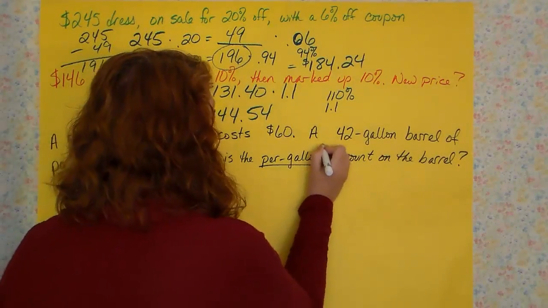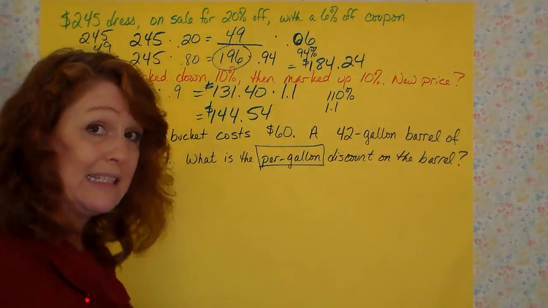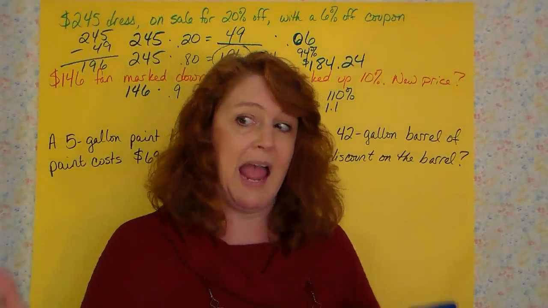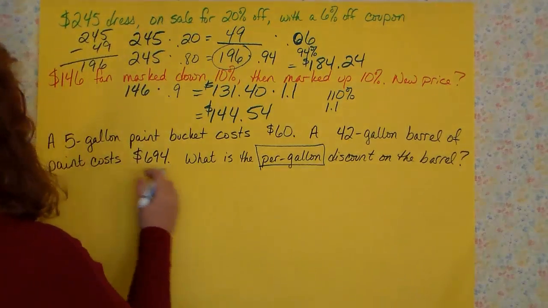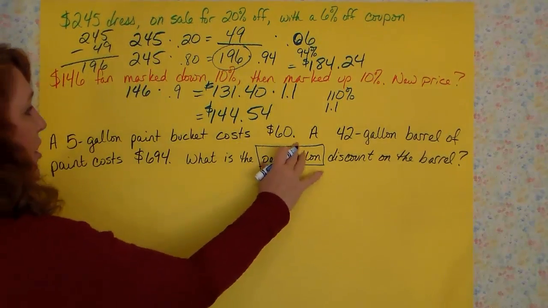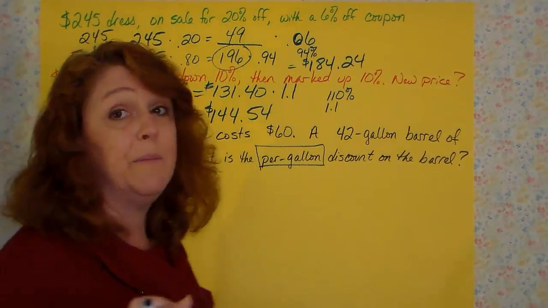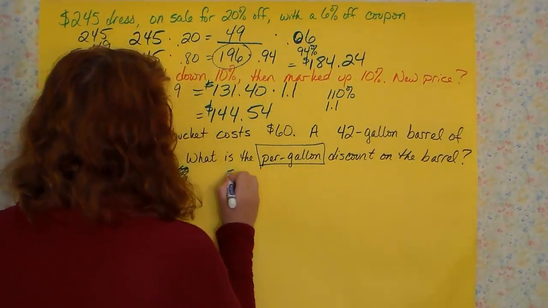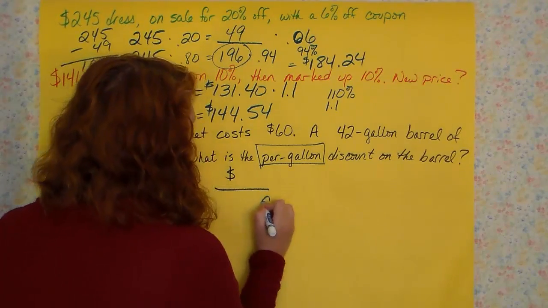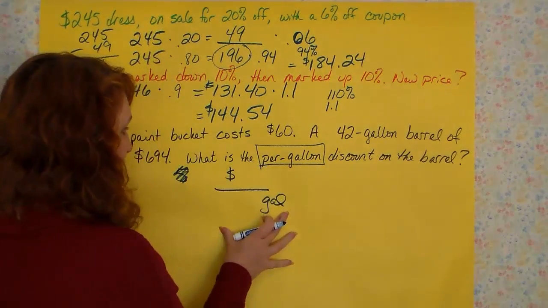Well, you have to figure out the per gallon price for both of them and then subtract to compare the two. So what's the per gallon price on a 5-gallon paint bucket that costs $60? So I'm going to remember that it's price per gallon. And I'm going to actually write that, price per gallon. I'm going to set up my fraction here.